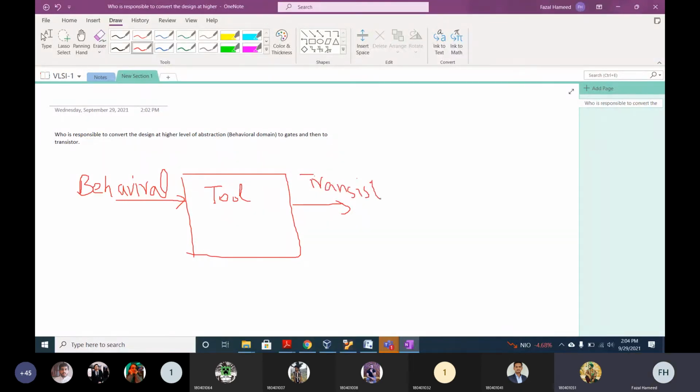And what is the name of that tool? So maybe you don't know the name of this tool. We call this tool a logic synthesizer. So what is the job of the logic synthesizer?